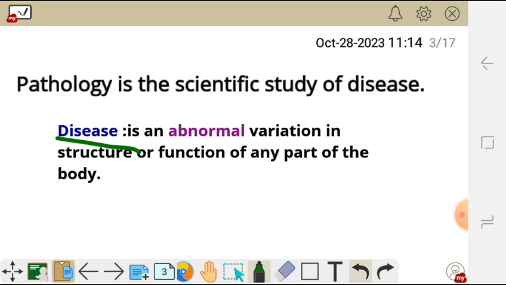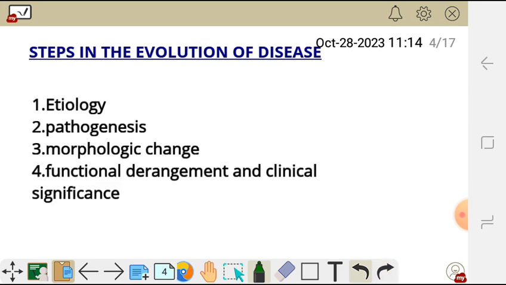called a disease. And a disease will take 4 evolutionary steps. So these are the evolutionary steps in a disease. The first step is etiology, and then from there the disease is going to progress to pathogenesis.